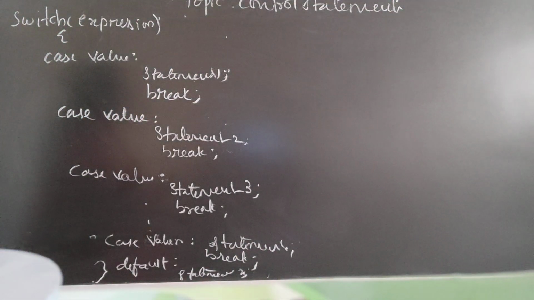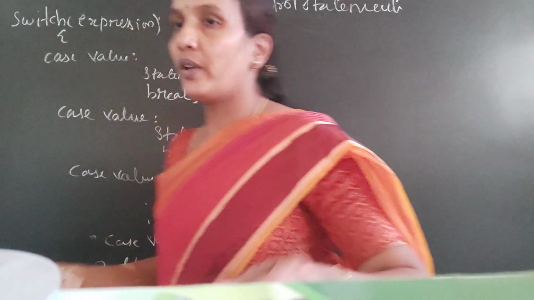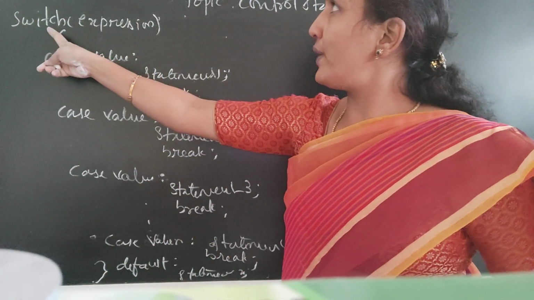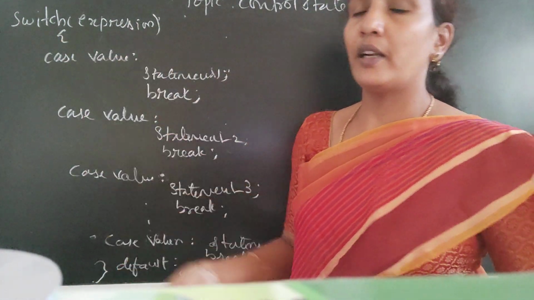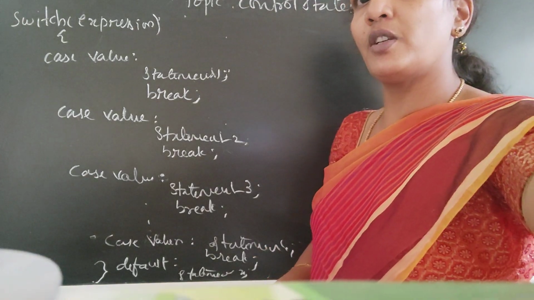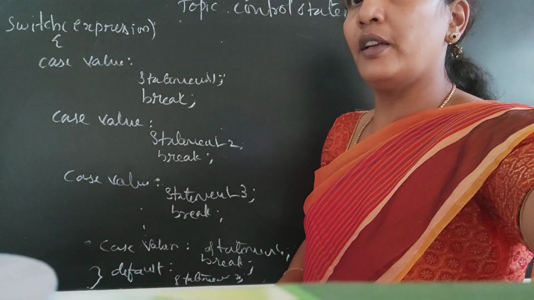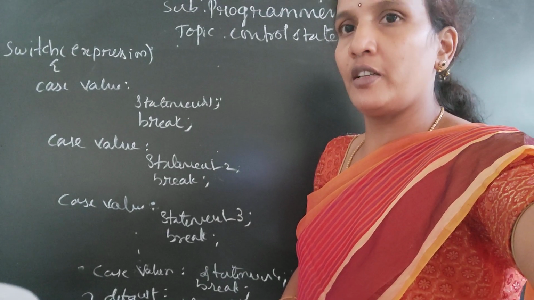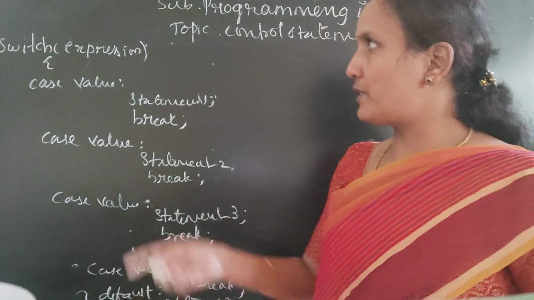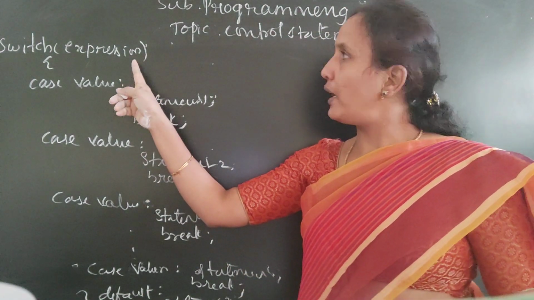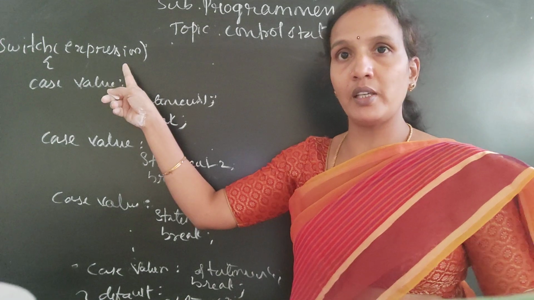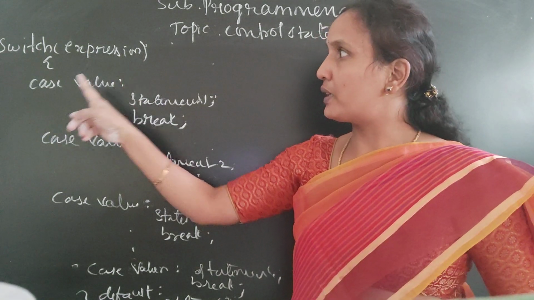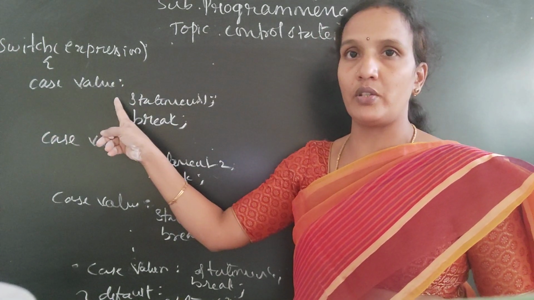Once you go through the syntax, first we are checking the condition. Switch expression is nothing but whatever expression you would have given in an if condition; the same expression will be checked here. Whatever result you get from this expression is compared with the case values.